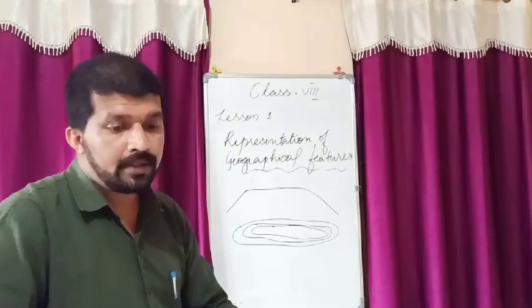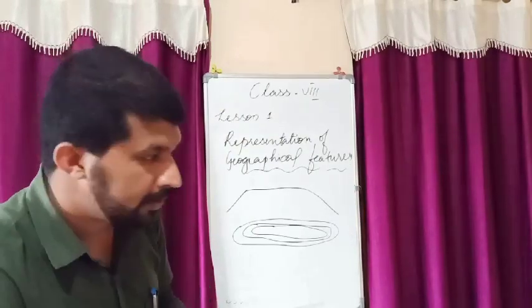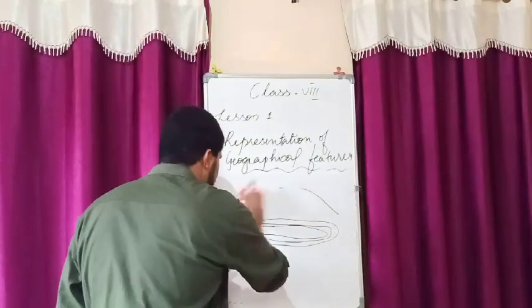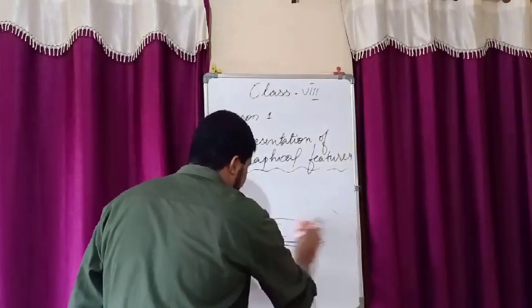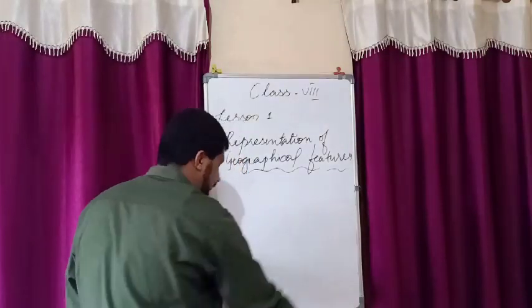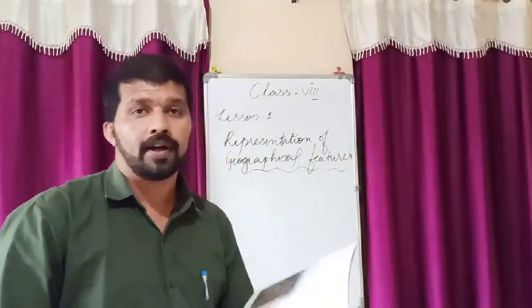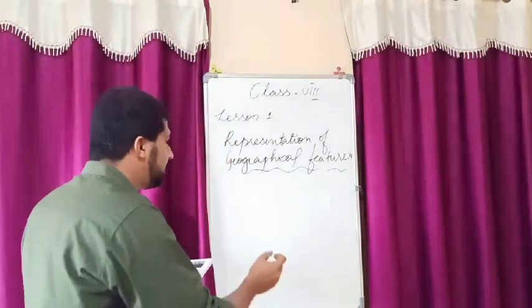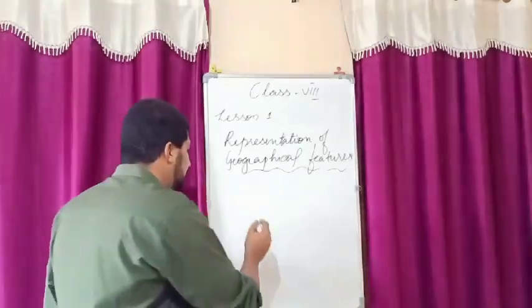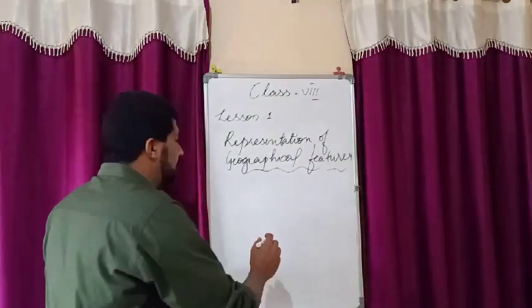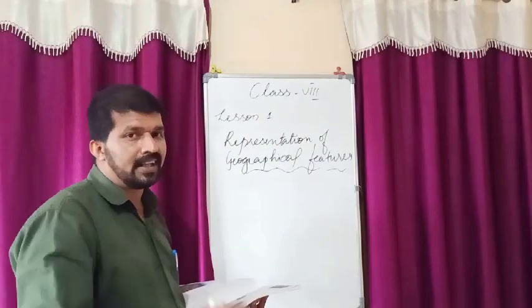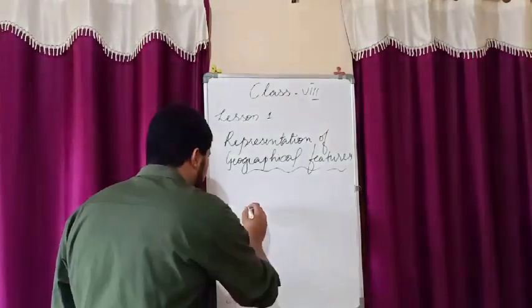Then another land feature we have to mark by using contour lines is a cliff. What is a cliff? A cliff is a very steep rock or hill overlooking a sea. It can generally be seen in coastal areas where land is suddenly merging with the sea.